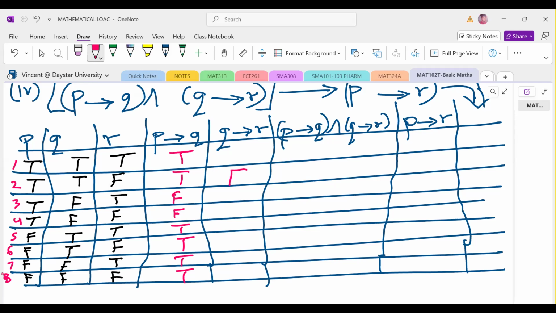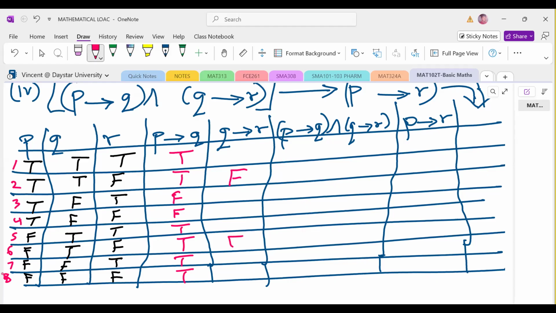So I put here an F, and then another. Line 6, or? Line 6, correct.